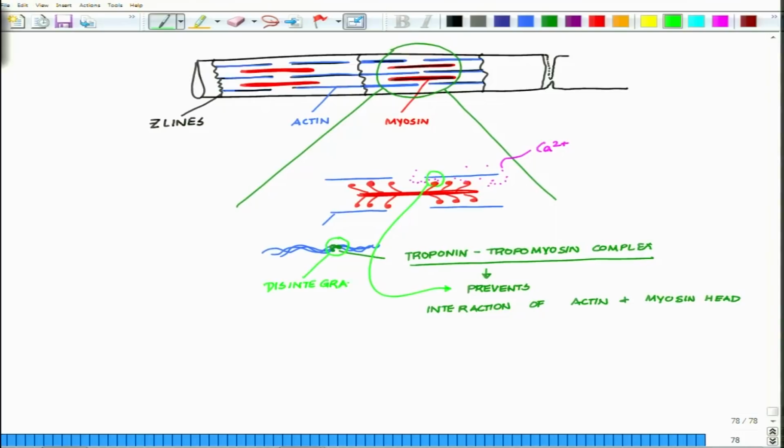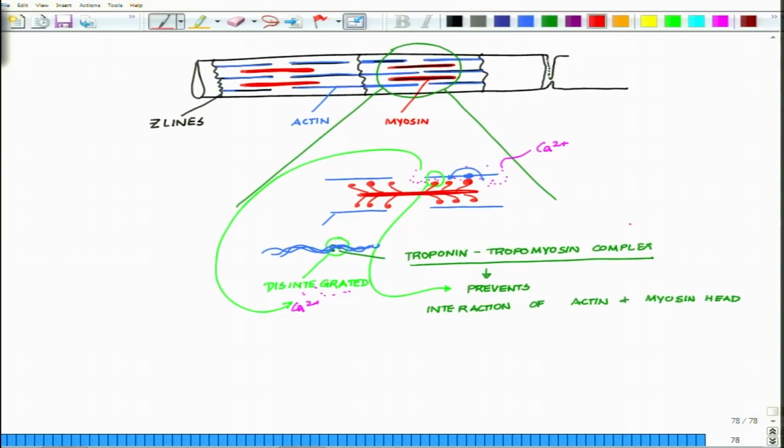As soon as this complex gets disintegrated in the presence of calcium ions, the myosin head binds to the actin filament here, and does something called a power stroke.